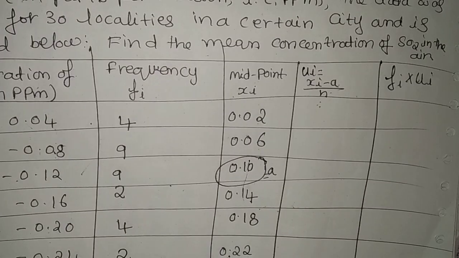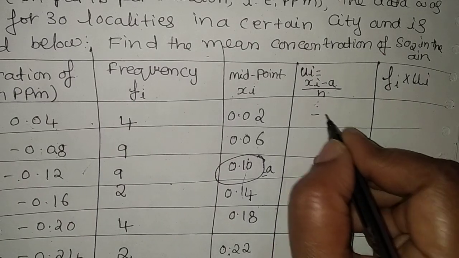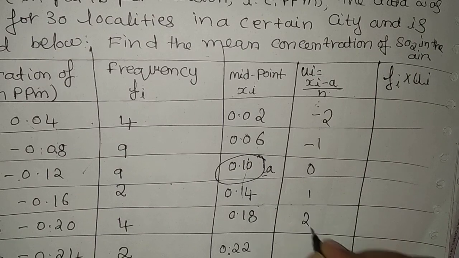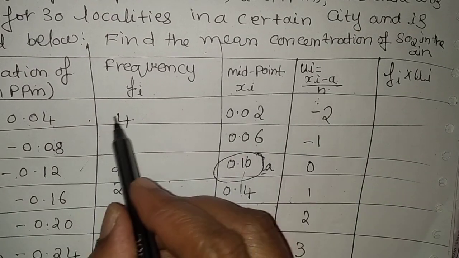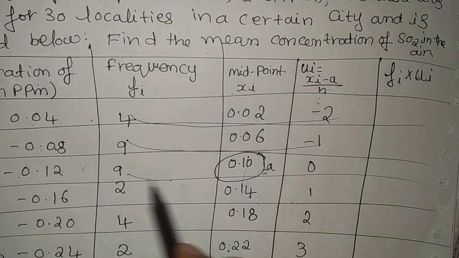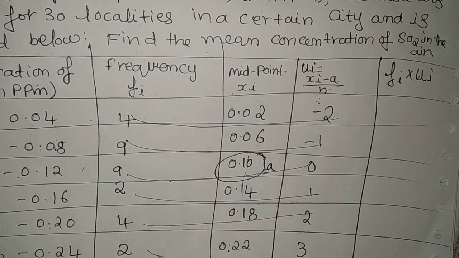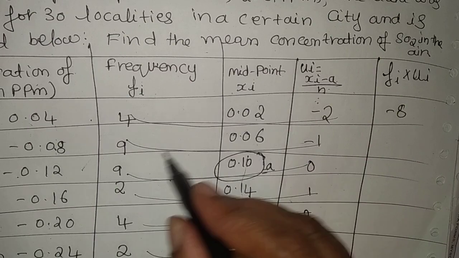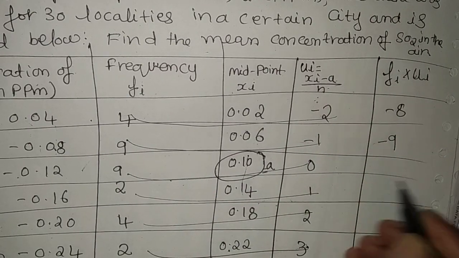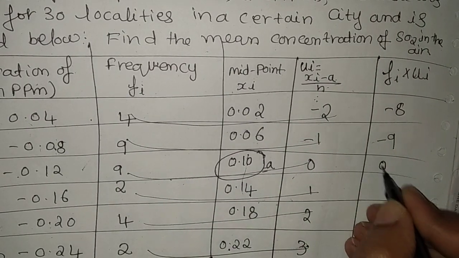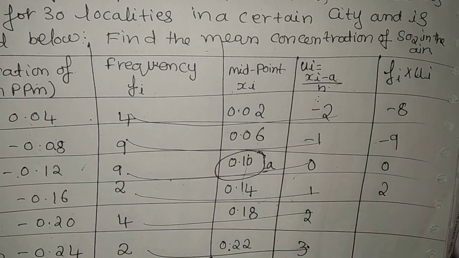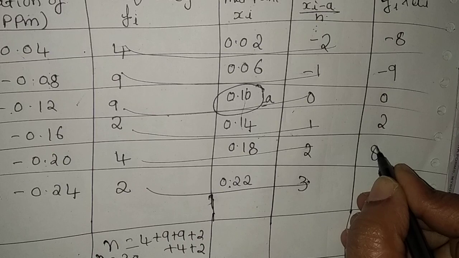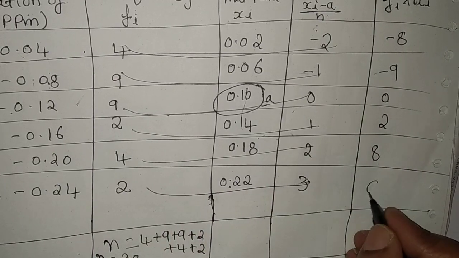So substitute in the above table. The ui values are minus 2, minus 1, 0, 1, 2, 3. Then ui into fi, so multiply this: minus 2 into 4 is minus 8, minus 1 into 9 is minus 9, 0 into 9 is 0, 1 into 2 is 2, 2 into 4 is 8, 3 into 2 is 6.